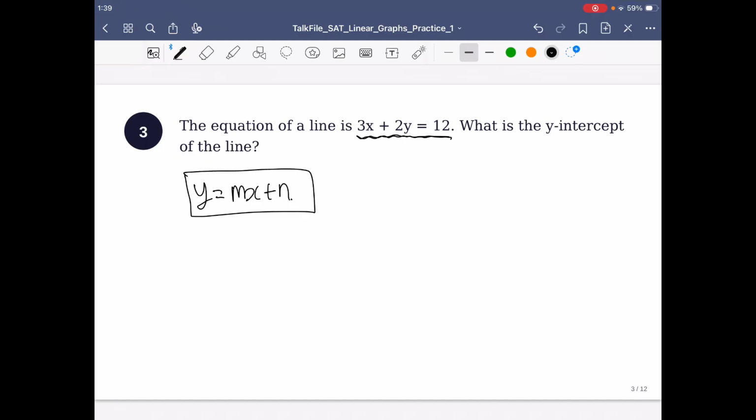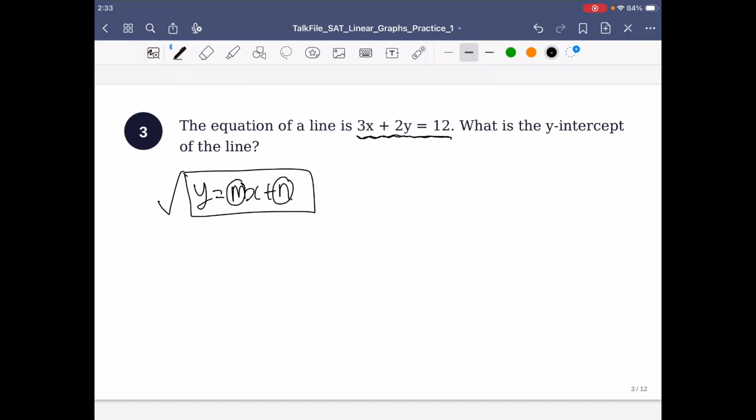But we have used y equals mx plus n because it is the easiest and simplest form when it comes to linear graphs. It is really easy to see the slope and y-intercept, and by using those we usually plot graphs. So let's have a look at this one.